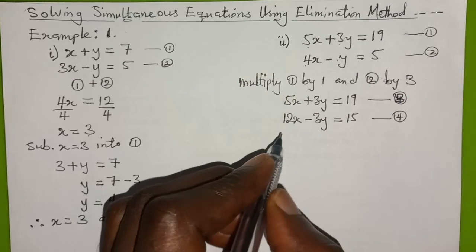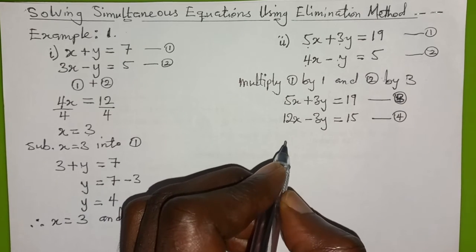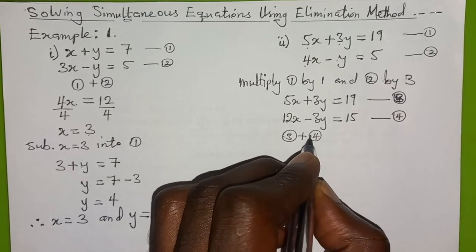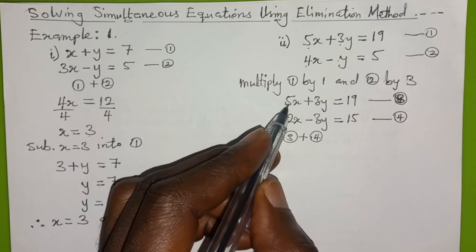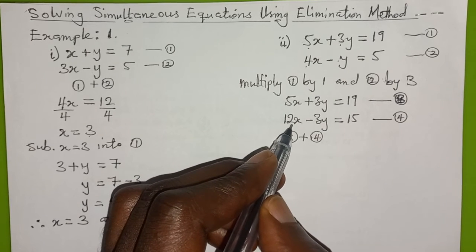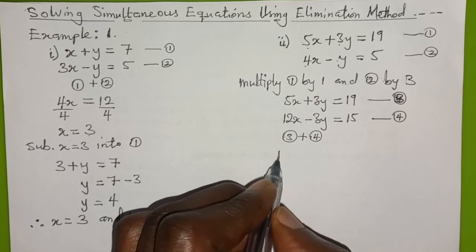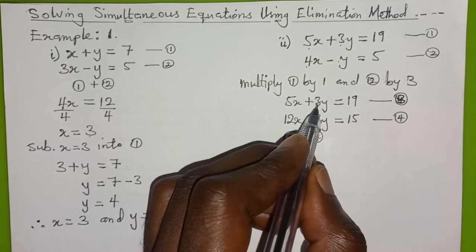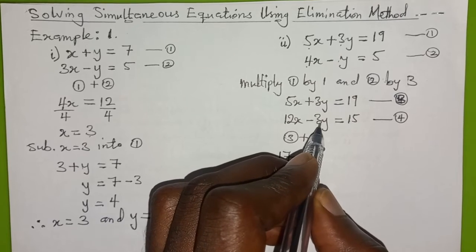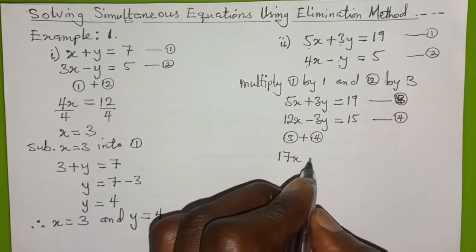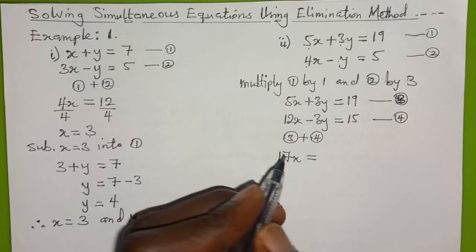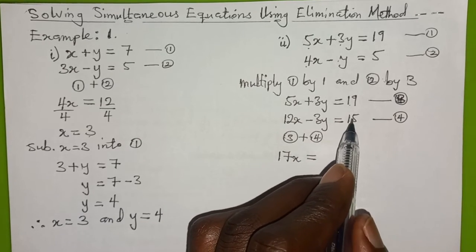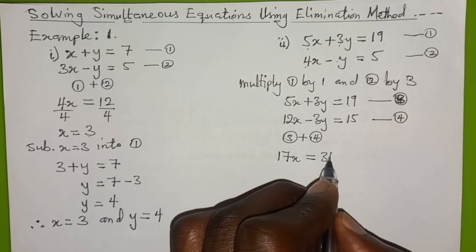All right, so this will become equation 3 plus equation 4. 5x plus 12x would become 17x. 3y plus negative 3y would go off. So what will be left is 17x equals 19 plus 15, which is 34.